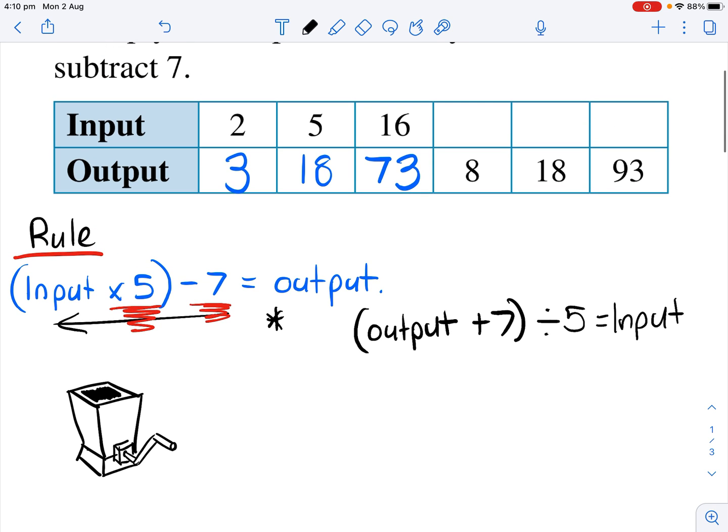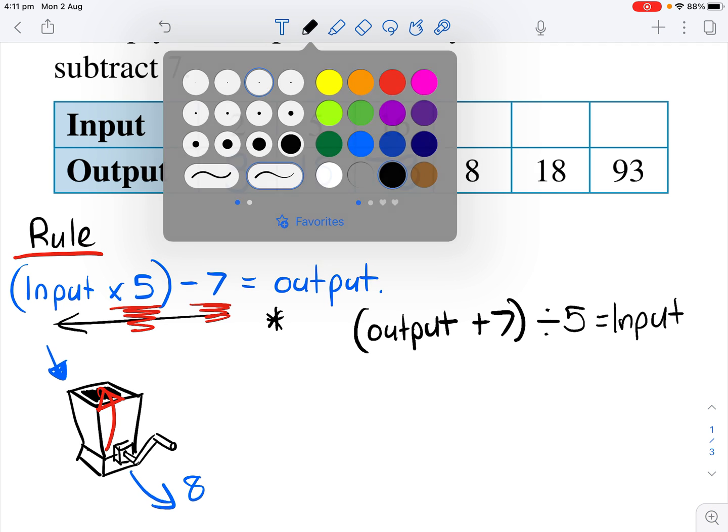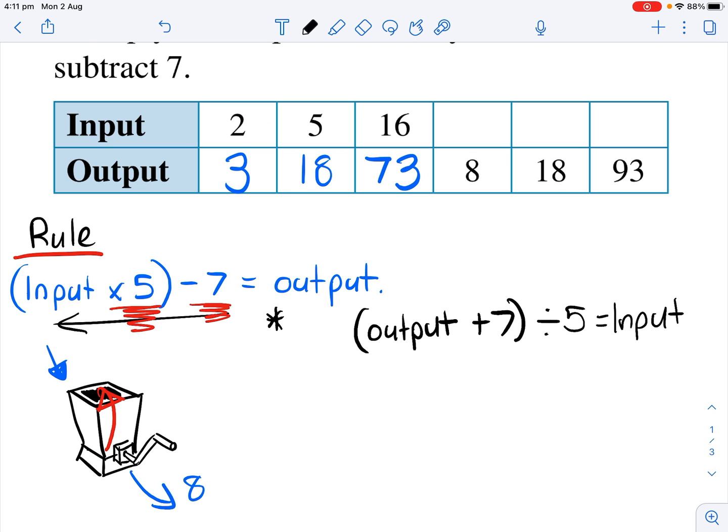So for this example here, we've got the output value as 8. So this machine has spat out an 8. We then need to reverse the rule back this way to find out what the input number originally was. What went into this thing to give us an 8. And we're using this formula over here, or the reverse of the original rule.